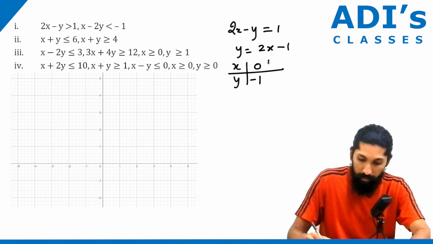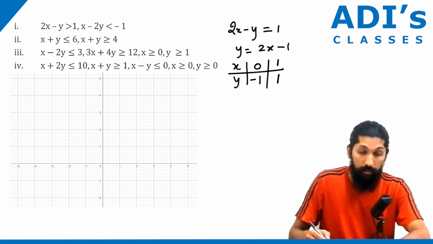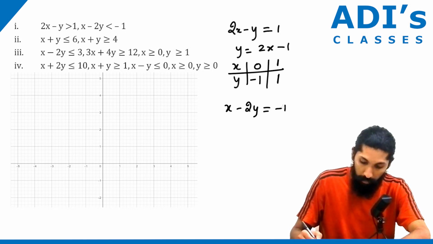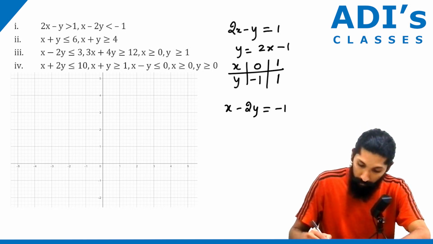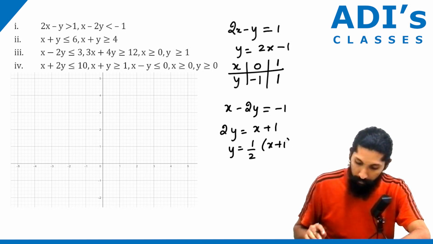Suppose I take x value as 1, 2 minus 1 is 1. You have one of the lines. The second equation is x minus 2y is equal to minus 1, or 2y is equal to x plus 1, y is equal to half of x plus 1.